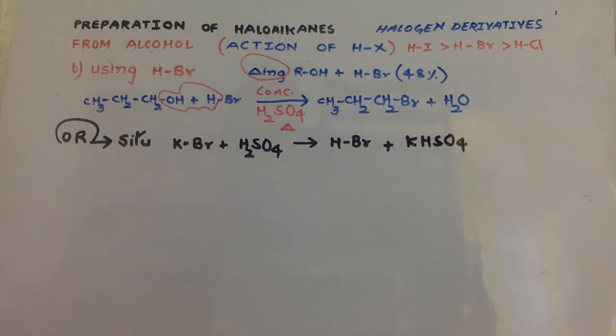So HBr is freshly prepared by treating KBr with sulfuric acid, giving us freshly prepared HBr and KHSO4.